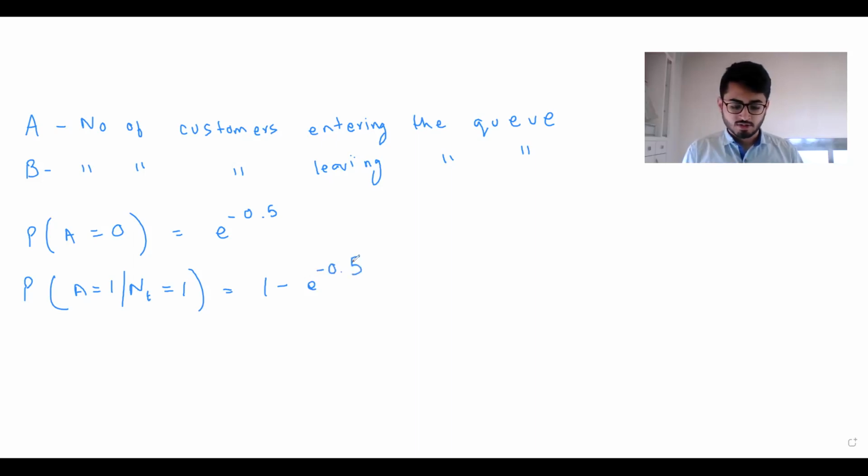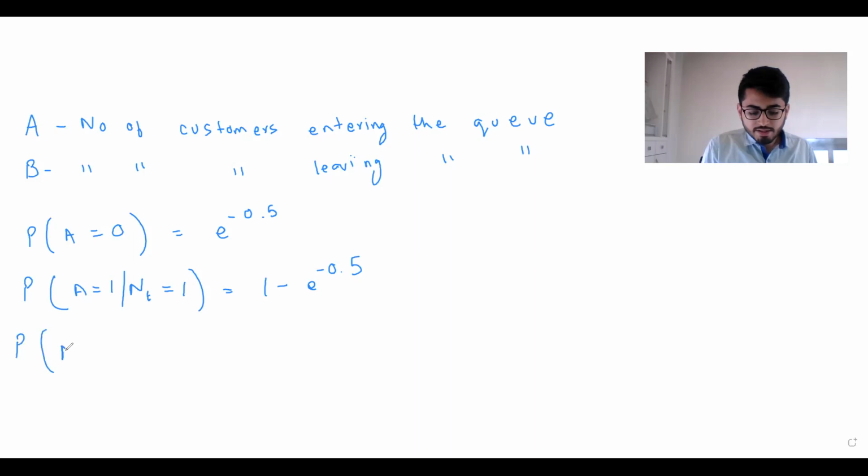So this probability A equal to 0, you could also condition it upon NT equal to 1. The reason why I'm not doing this is because in all the cases, it's going to be the same probability. So again, think in this way. Right now, there is one customer in the queue. The day starts. Either 0 can join or 1 can join. So we cannot find the probability of 1 joining in a traditional way because it's a truncated Poisson distribution. So the way to do that is 1 minus the probabilities which you have calculated.